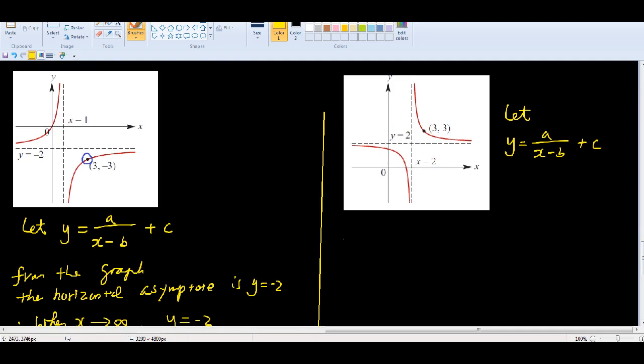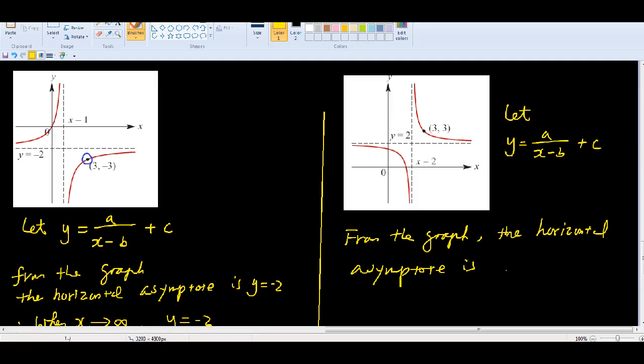Okay, so for the graph, the horizontal asymptote is y equals 2.